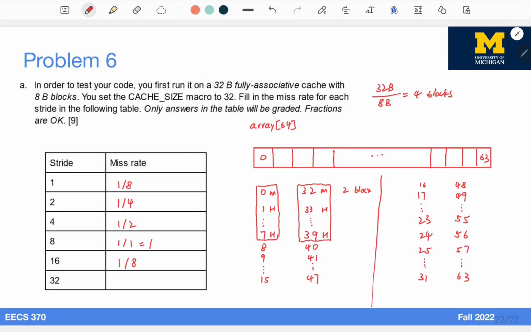Next we access 8, which should be a cache miss because it's not one of the previous 2 cache blocks, and the same for 40. But once again, for the next 7 groups of accesses, we all have cache hits because they are in the same cache block and not evicted.